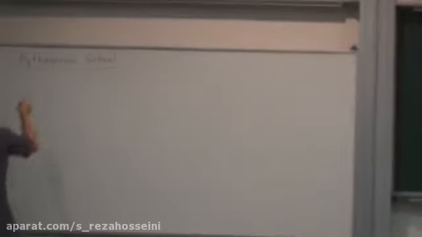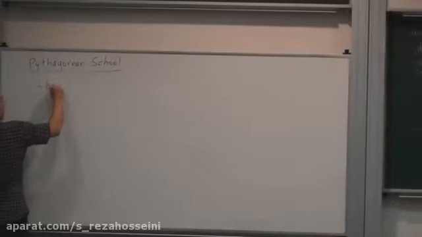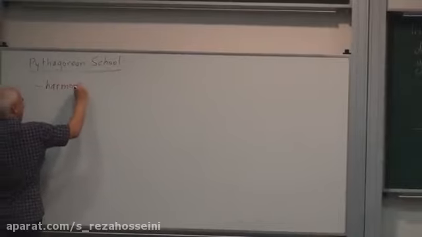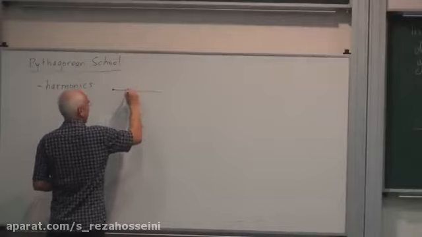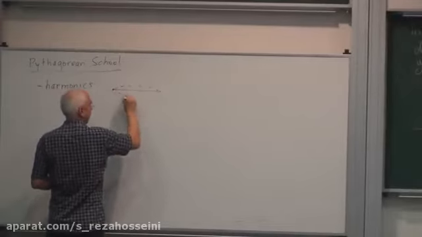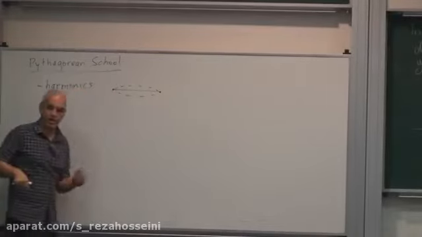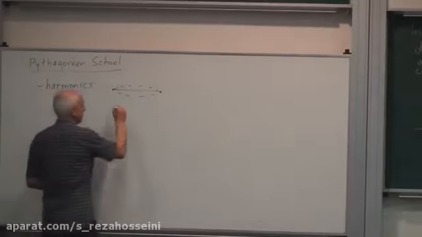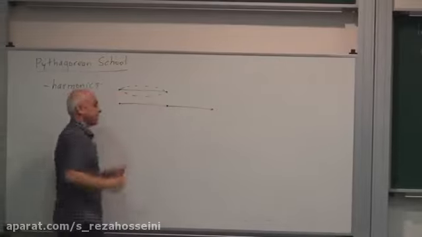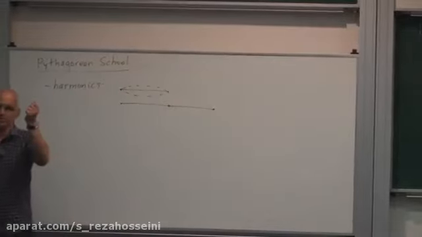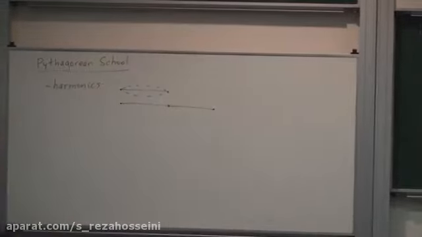Okay? So they had a theory of harmonics. Okay, if you take a vibrating string, like a guitar string, and you double it, or you halve it, then you go up an octave. Do, do, do, do. Right?